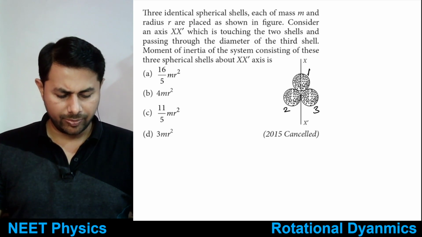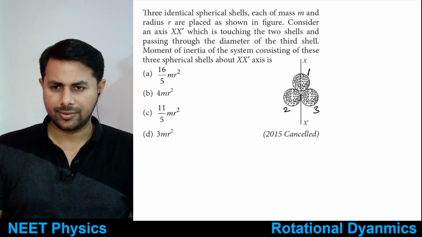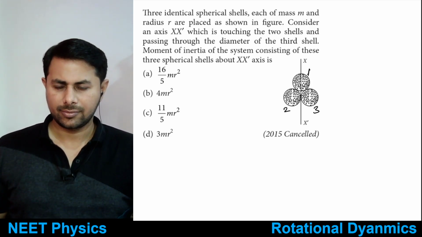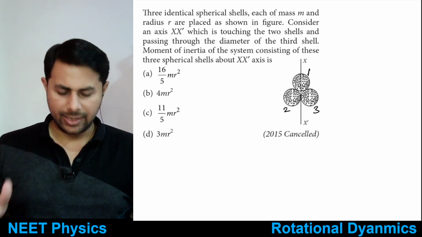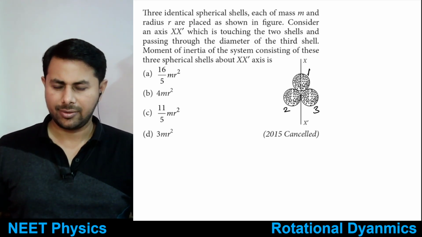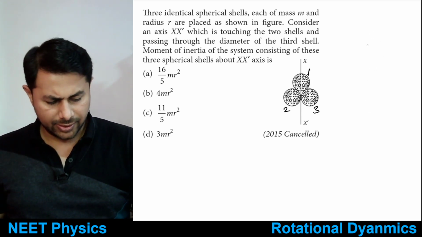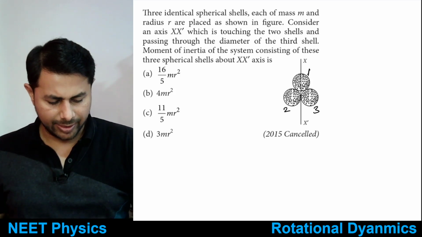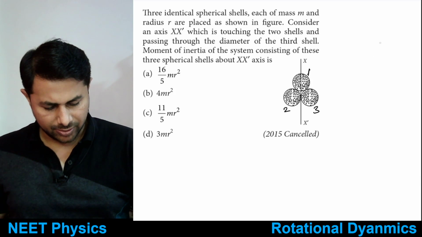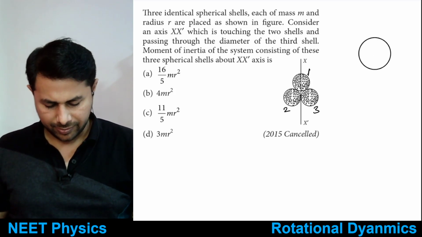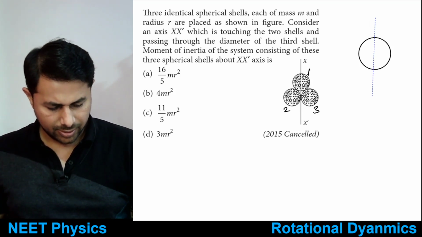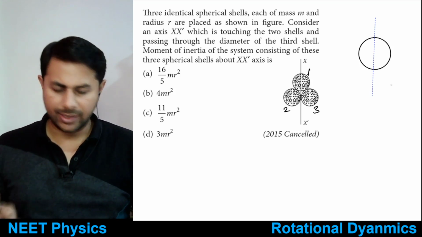So what is the moment of inertia of a thin spherical shell about an axis which passes through its center? It is 2/3 mr square.